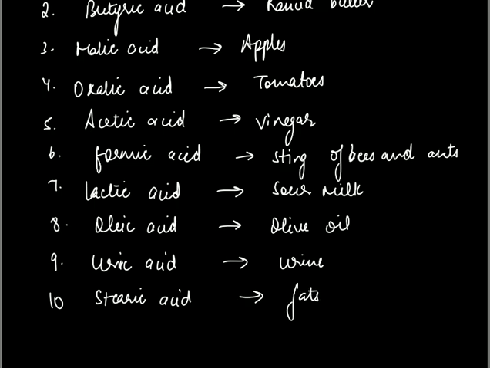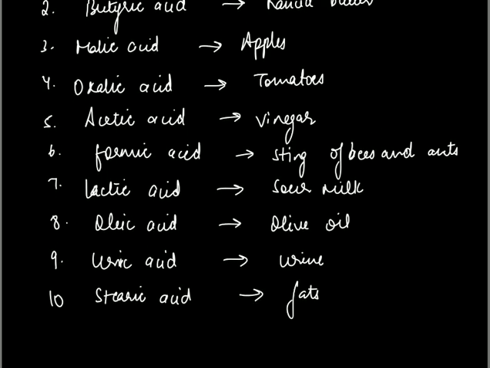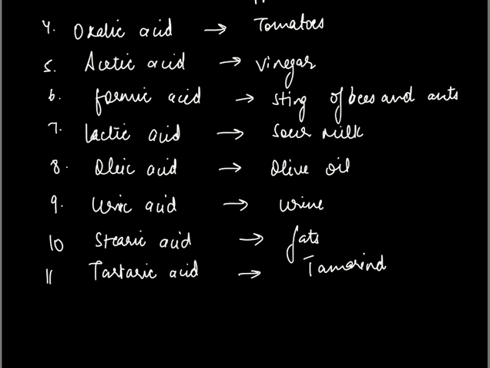We didn't mention tartaric acid. Okay, tartaric acid is present in tamarind, and we can say unripe grapes also.